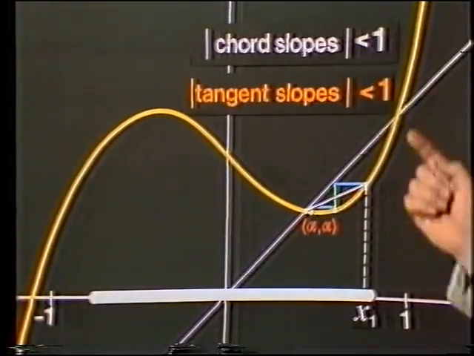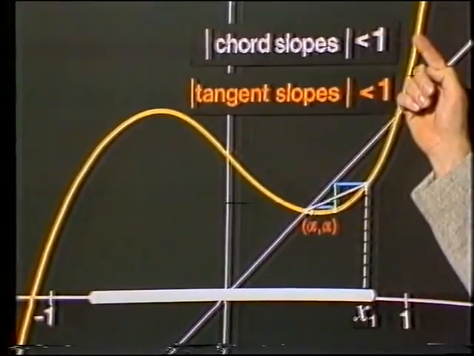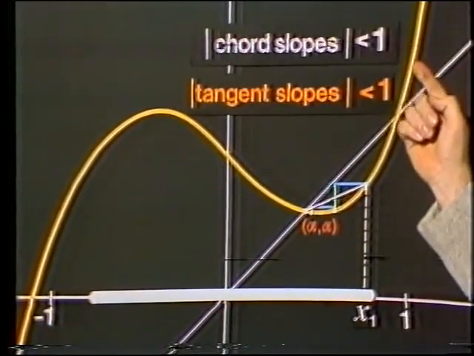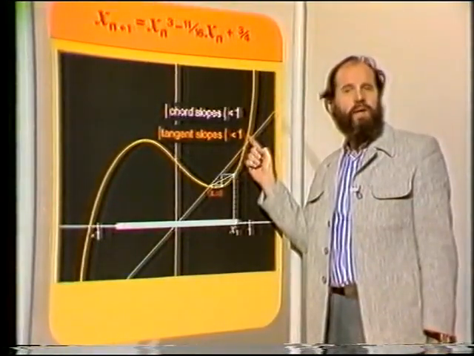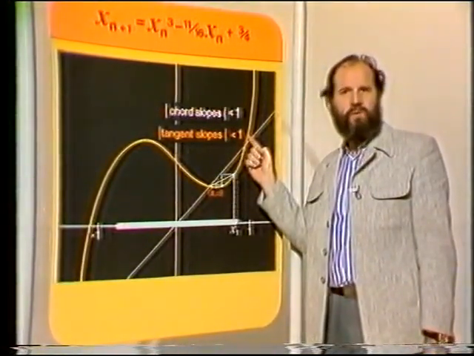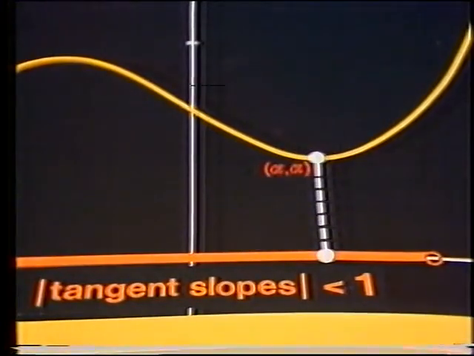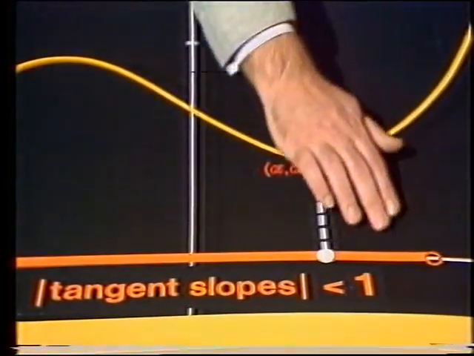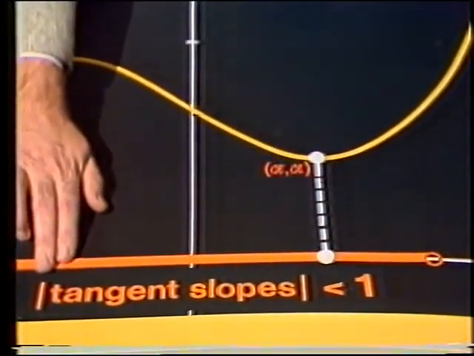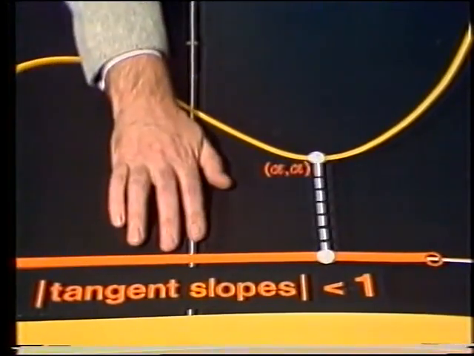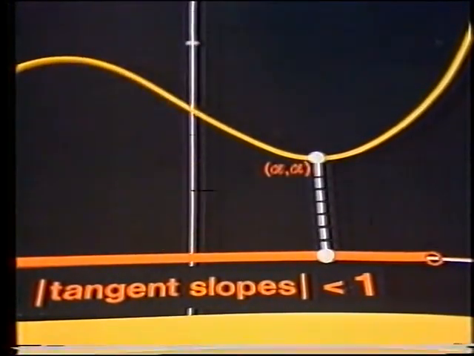So I reckon that instead of my difficult condition on chord slopes, it will be just as good to use a tangent slope condition instead. And this tangent condition will tell me what I want to know about the chords. Now, suppose I have an interval containing alpha such that the modulus of the tangent slopes is less than 1 for every point in this interval. If we take any point in this interval, remember, we're looking for chords joining this point to alpha, alpha.